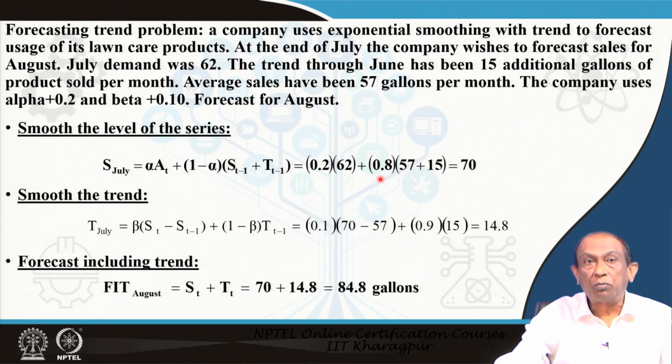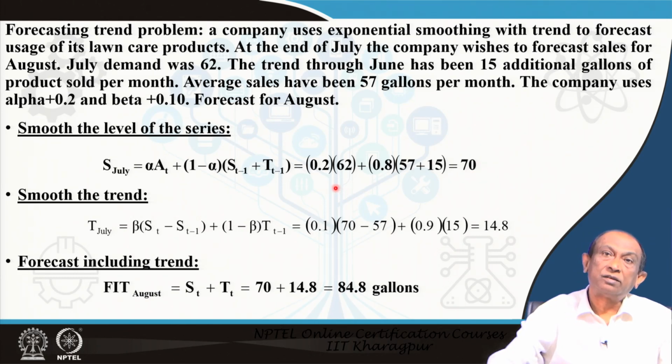So, 1 minus 0.2, that is 0.8, correct, plus 57, average sales have been 57 gallons per month. Okay. So, 57 plus the trend factor 15. So, this total becomes 70.